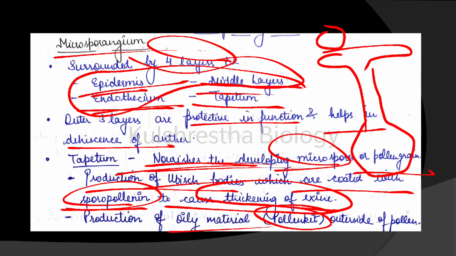If this pollen is not compatible with this pistil, then it will not form the germ tube. So compatibility is very necessary for pollen germination. It is done by the tapetum layer, which produces a special type of protein for pollen to recognize compatibility.